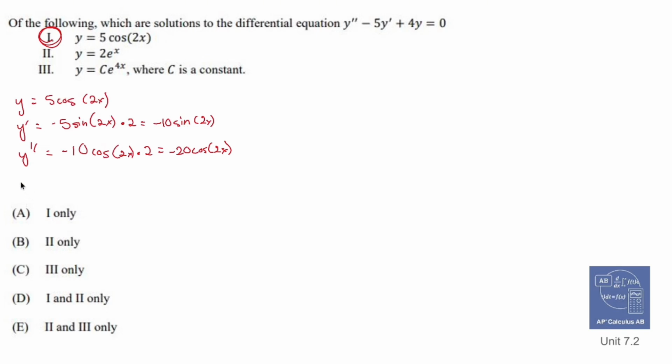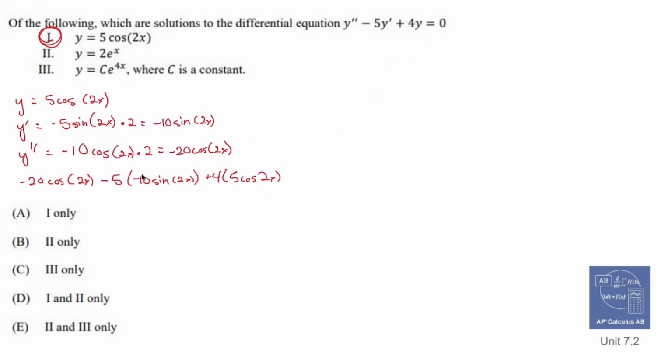y double prime is negative 20 cosine 2x, minus 5 times y prime, which is negative 10 sine 2x, plus 4 times y, which is 5 cos 2x.